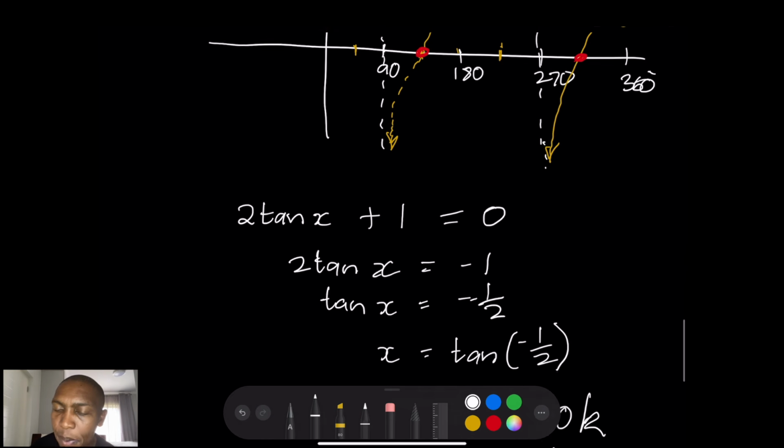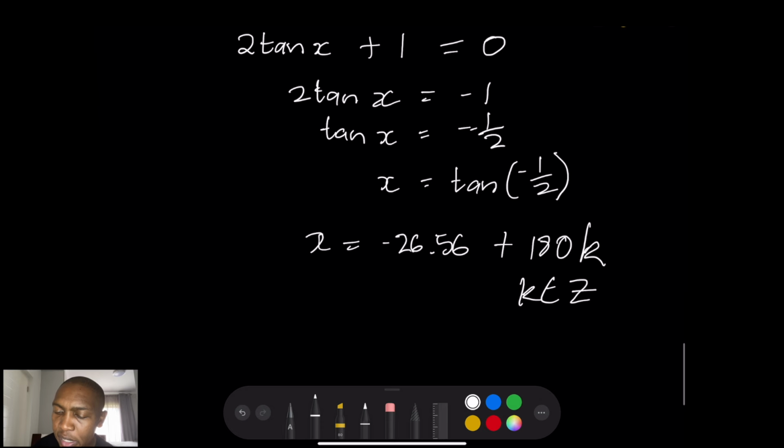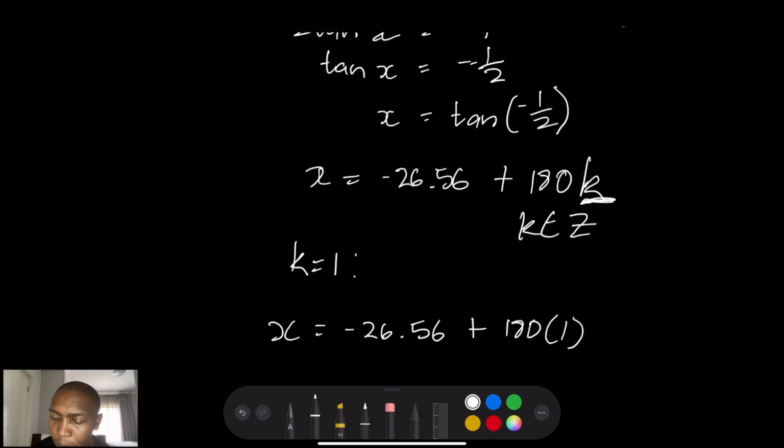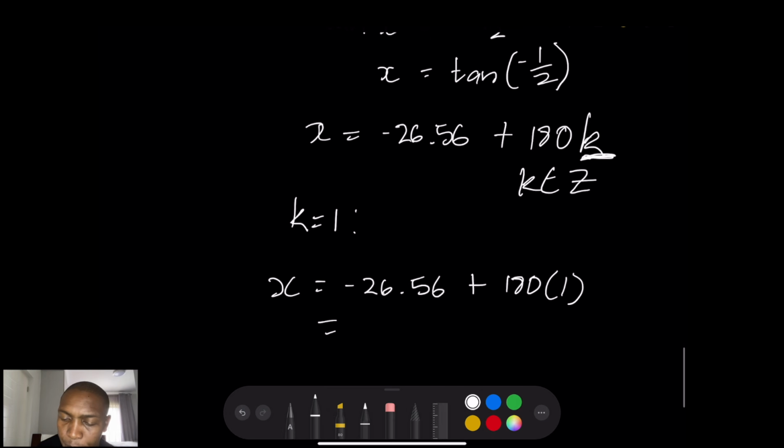Now, let's find the exact point in this particular case. If I say k is equal to 1, so it means I'm substituting 1, then I would have x is minus 26.56 plus 180 times 1. So what's that value there?